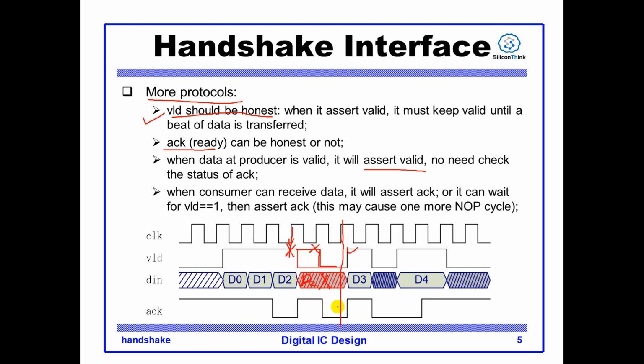And also for this cycle, there is data that can be sent by block A, or you can say by the producer, so it will assert valid and assert the data. No need to check the status of ACK. No matter if ACK is 1 or 0, just assert valid when you want to transfer data.